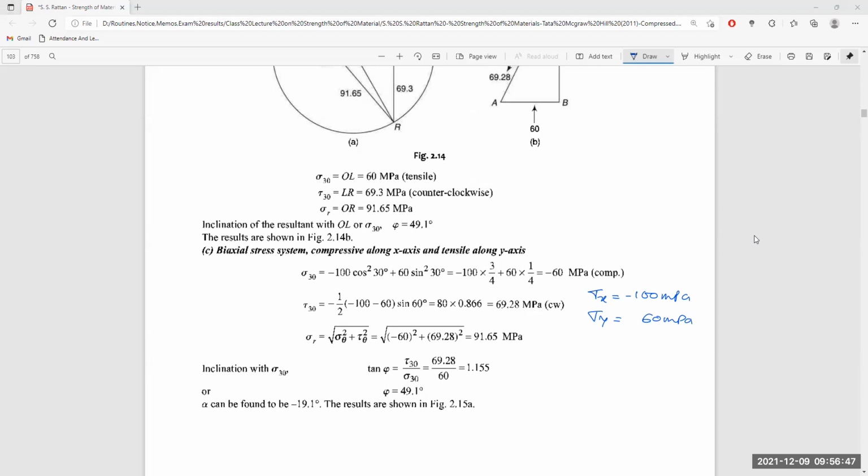Now theta is given as 30 degrees. It is the angle made by the oblique plane with the plane of 100 MPa, that is, with the plane of sigma x, not with the normal plane.